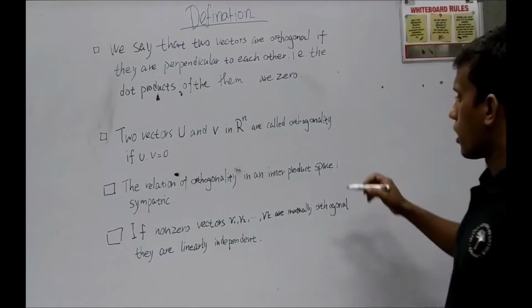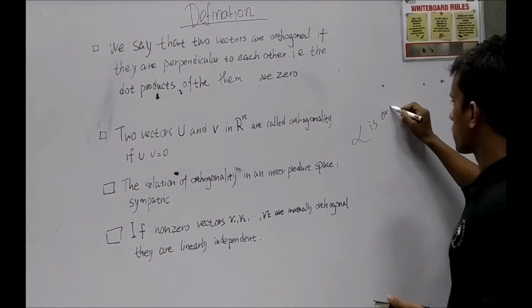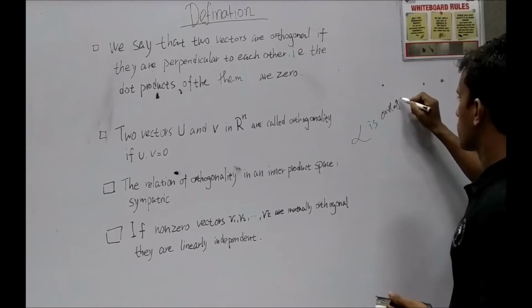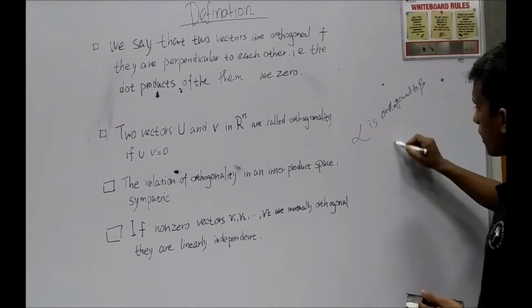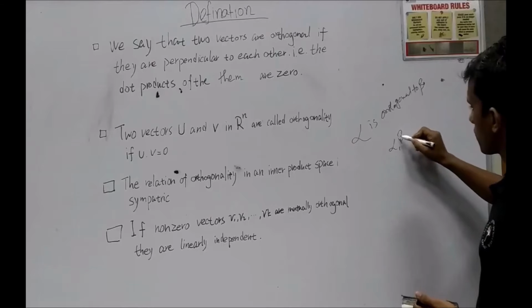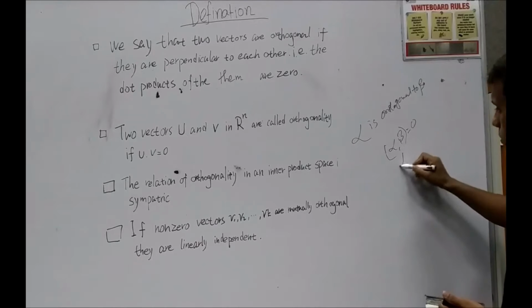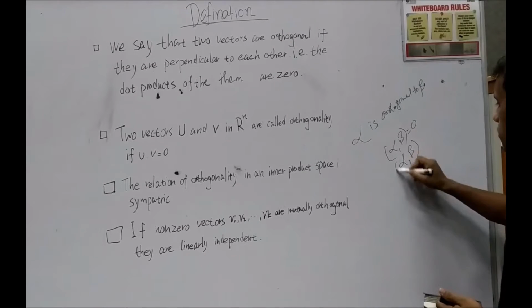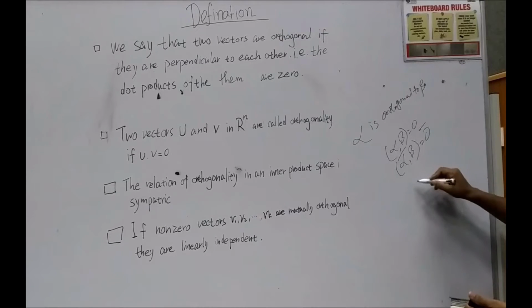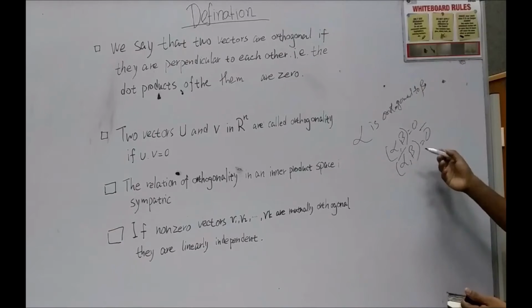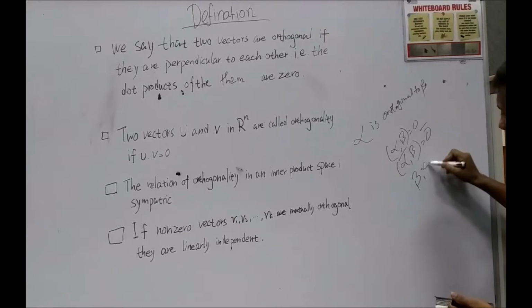Let's see, alpha is orthogonal to beta. So we can write that the inner product of alpha and beta is equal to 0. When we talk about symmetric, there will be a bar on top, and when we remove the bar, alpha and beta change their places, giving beta, alpha.